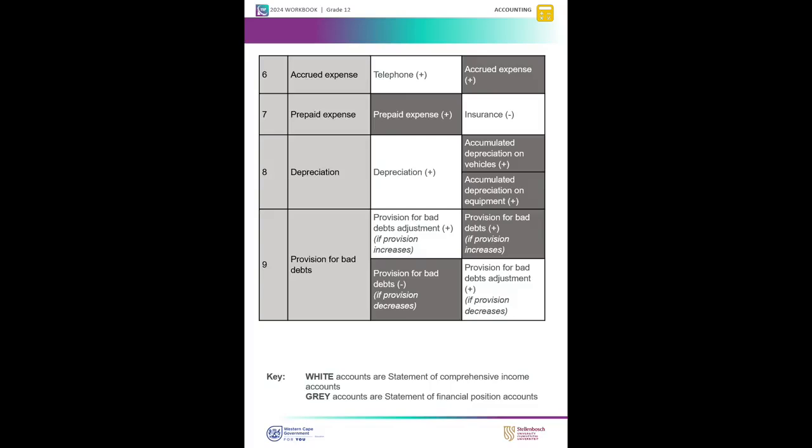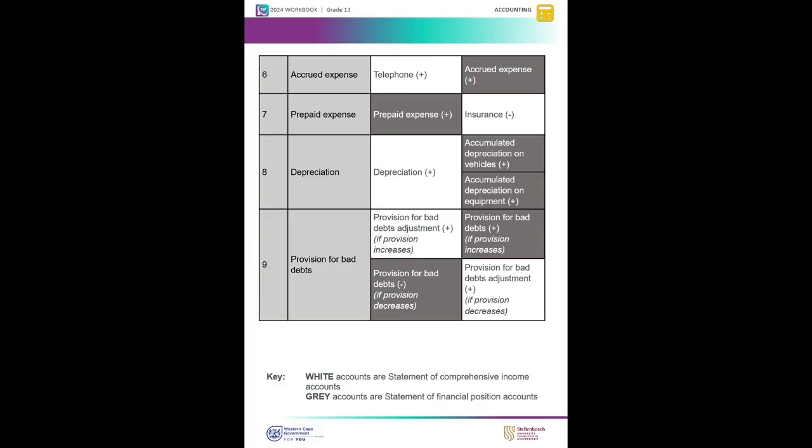Now, bearing in mind, accrued expense is a liability. Okay, the next is prepaid expense. That makes reference to expenses we paid in advance, and you would notice the expense account gets credited or minused and your prepaid expense will be debited.